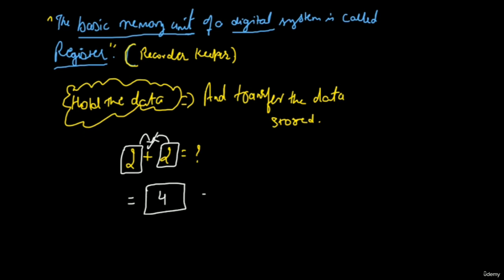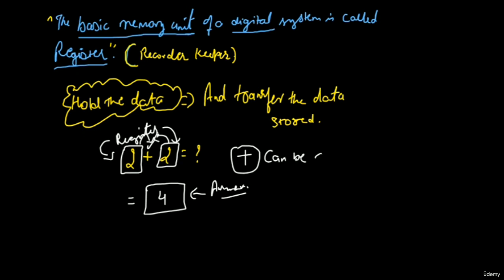Even for this simplest operation, we want a basic register to store these two numbers, so that the operation, which is addition in this case, can be applied and we get our definite answer, which is 4. This is the way our register works.